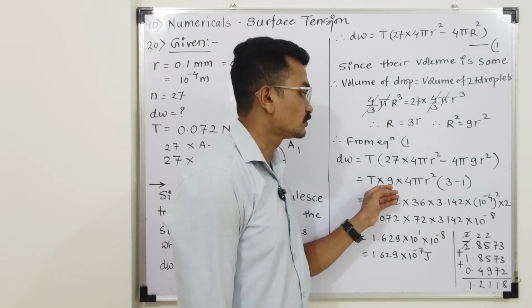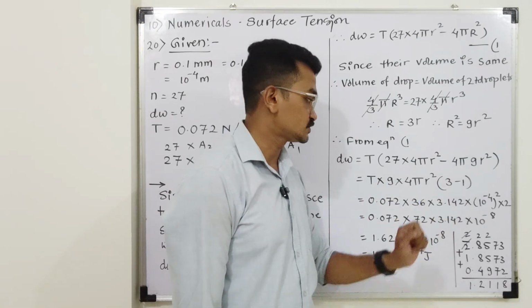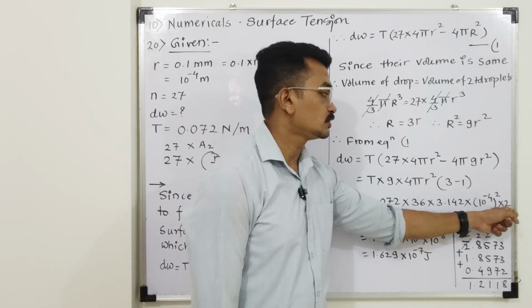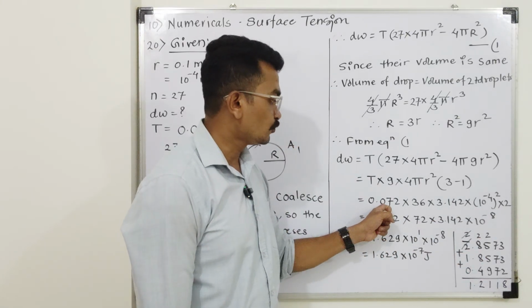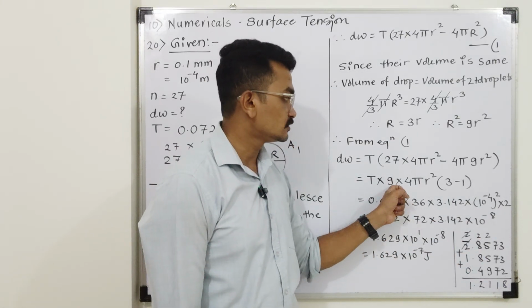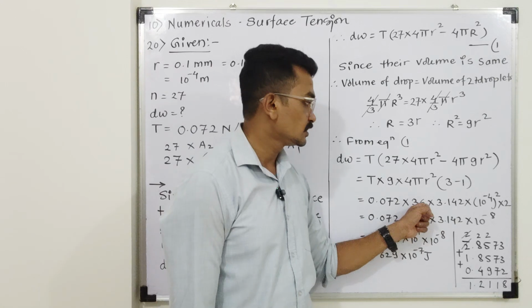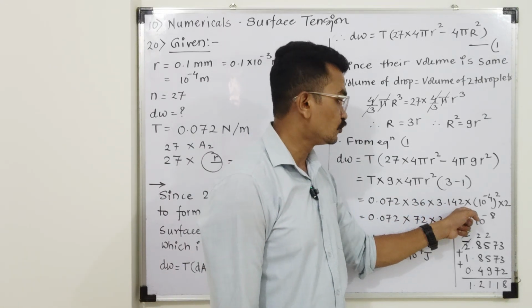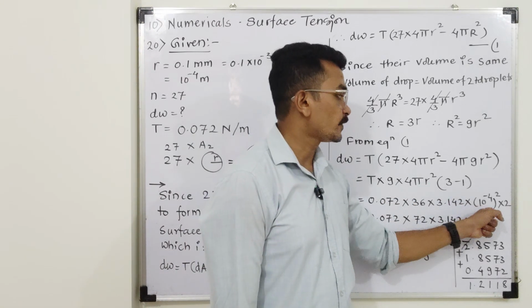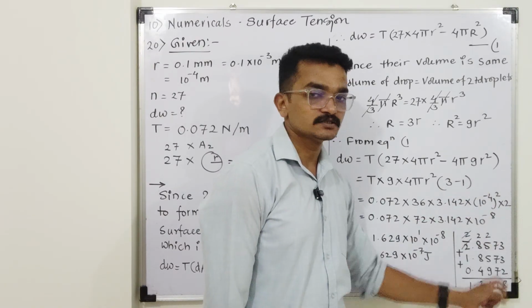So 9 is also taken outside the bracket, and here we get 3 minus 1. So 3 minus 1 is nothing but 2. So T is 0.072, 9 fours are 36, pi is 3.142, r is 10 to the power minus 4, and in the bracket 3 minus 1 is 2.